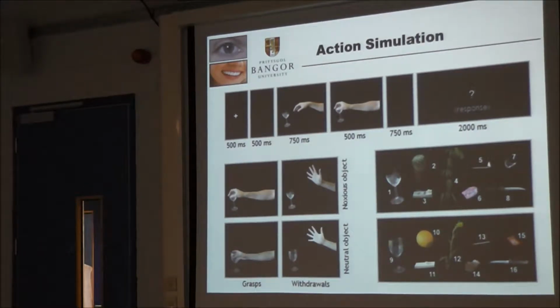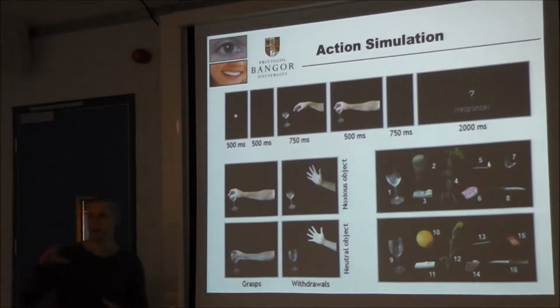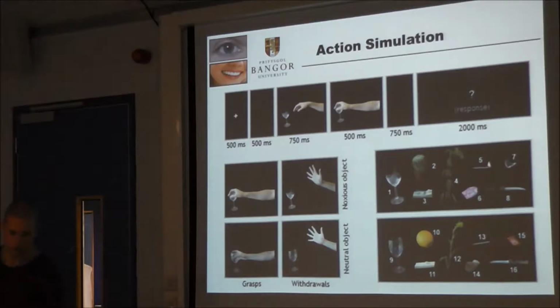There are various attentional manipulations amongst the different tasks, but the important comparison is what the brain is doing when it watches somebody reach out and grasp hold of something that's going to cause pain, versus something that's not going to cause pain, or an interaction where the hand is not actually grasping the object.